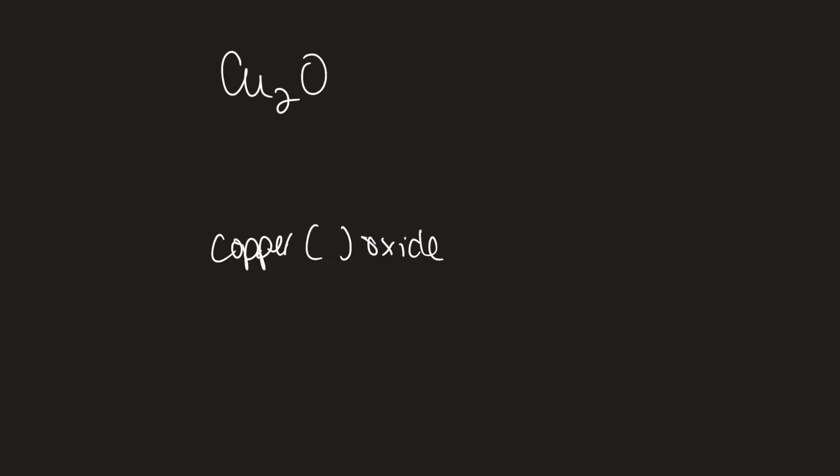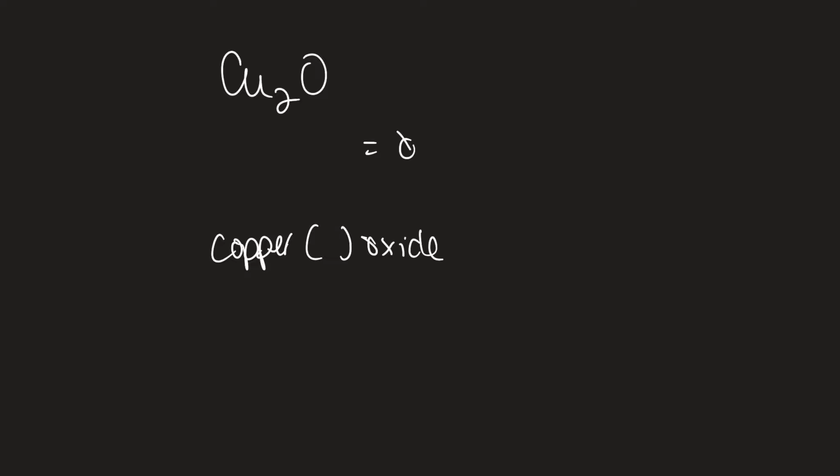Okay, let's do another example of this. So let's say we have this compound here, Cu2O. As I said before, when writing this, you need to figure out the charge of your metal, the charge of copper. We know it's going to be copper something oxide, but what's that Roman numeral?